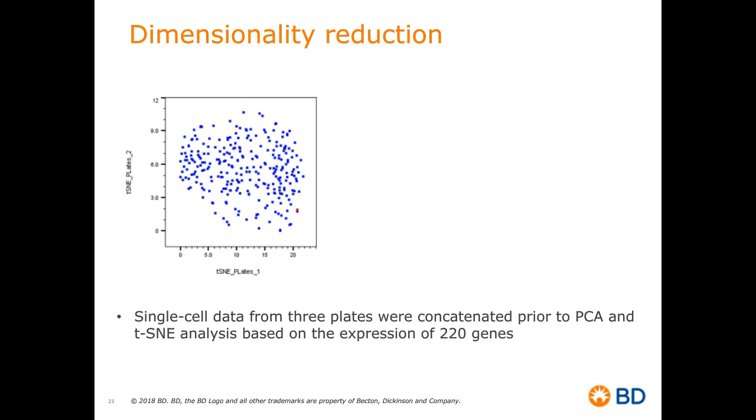And we can now reduce the information to a bidimensional plot, as you can see here, where each dot in the plot represents a cell, and the proximity of two individual cells is a function of the similarity of their gene expression profiles. So if you look, for example, across the x-axis, cells that are close to each other will have a similar gene expression profile. Cells that are on the opposite end will have a very different gene expression profile.